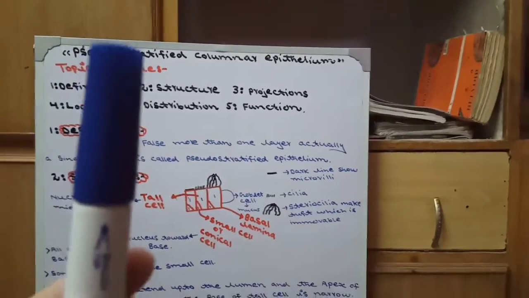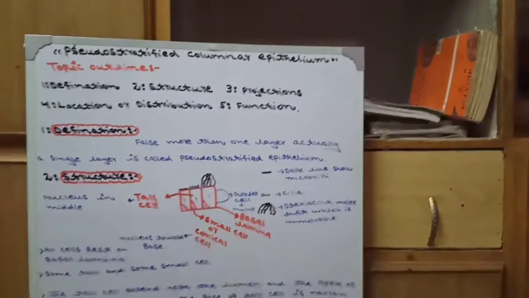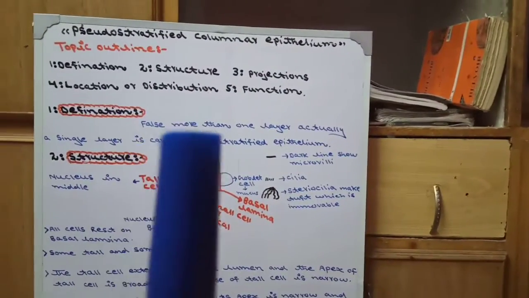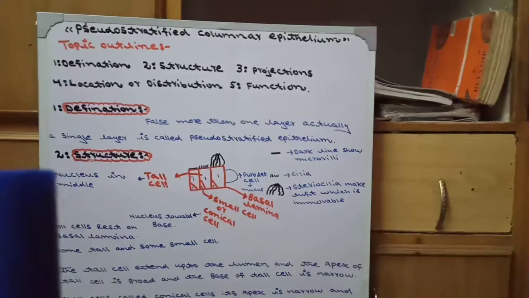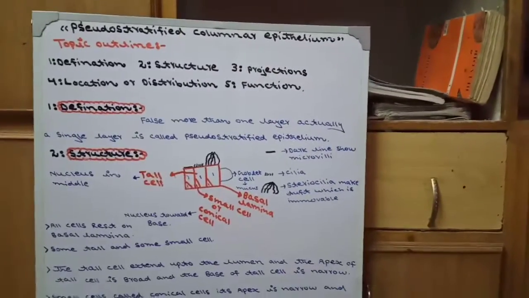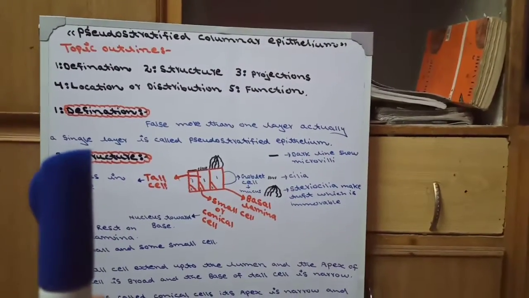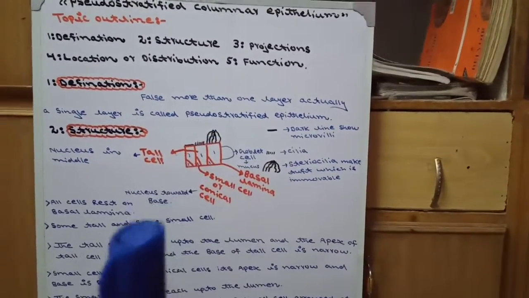So, false more than one layer. Columnar epithelium means it consists of columnar cells. A single layer that falsely appears as more than one layer is called pseudo-stratified epithelium. This is the definition of pseudo-stratified epithelium.